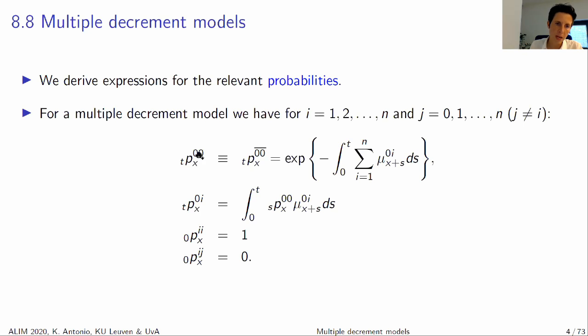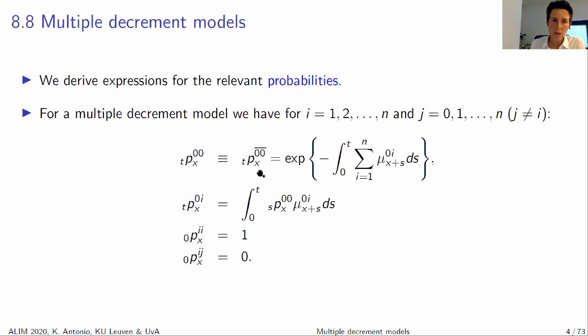So if you look at tp_x^{00}, that's the probability that a policyholder who is x years old, who starts in state 0, will be at age x plus t still in state 0. So this probability here, if you denote it with or without the bar, you've got exactly the same probability, because of course no transitions from state 0 are possible such that you can get back into state 0.